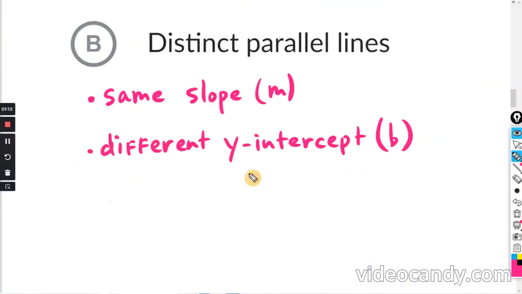Okay, if you have distinct parallel lines, the line equations will have the same slope, m, and will have different y-intercepts, b. So distinct parallel lines will, of course, be two separate lines that run parallel to each other.